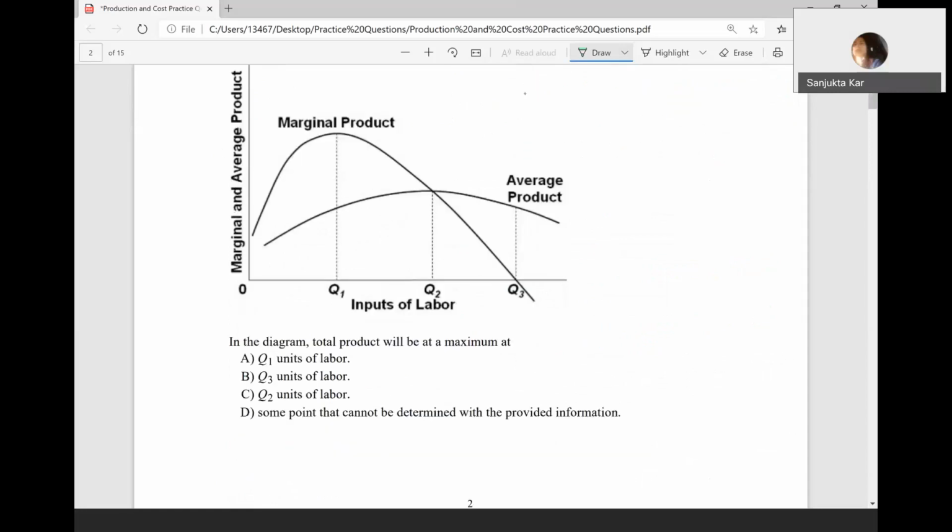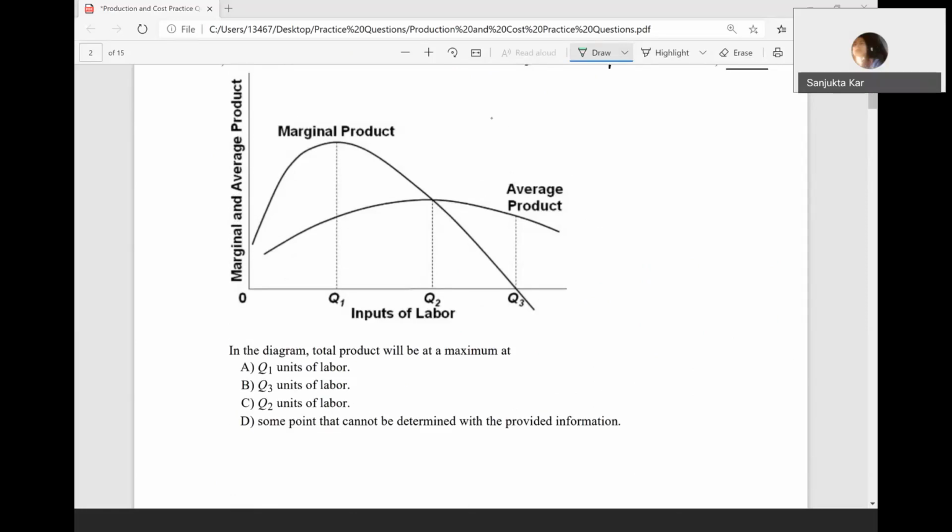Alrighty. Then the next question is asking, in the diagram, total product will be maximum at what point? The total product will be maximum at the point at which marginal product is equal to 0.